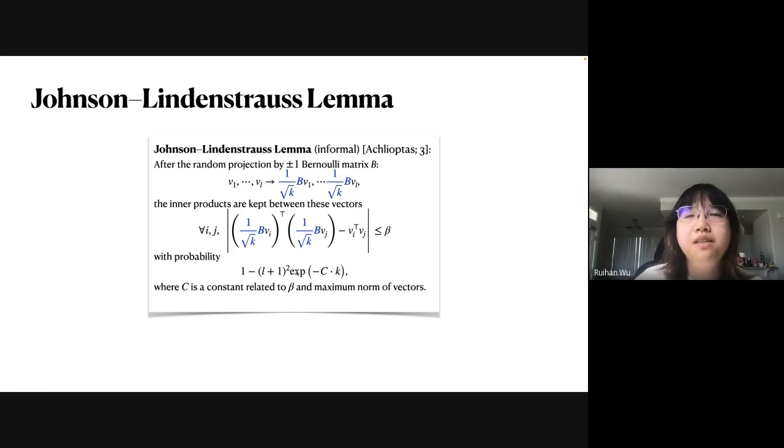And the probability that such difference is smaller than error beta for all pairs of i and j is 1 minus these exponential terms. These exponential terms are exponential in K, the dimensionality that you project to from the original space.